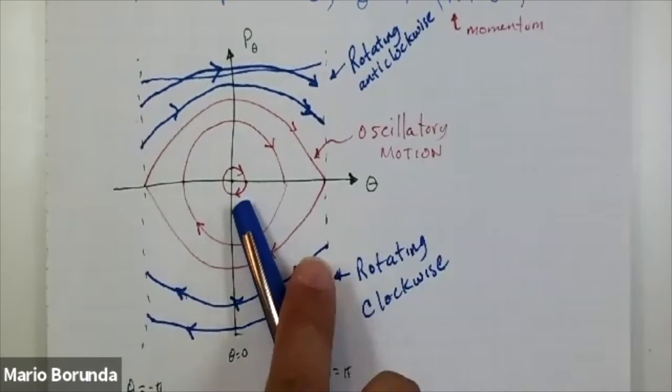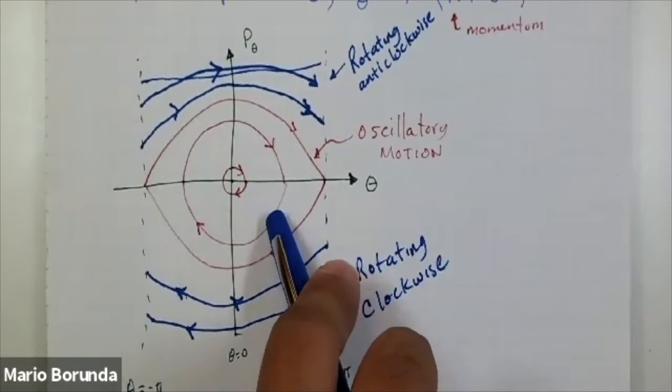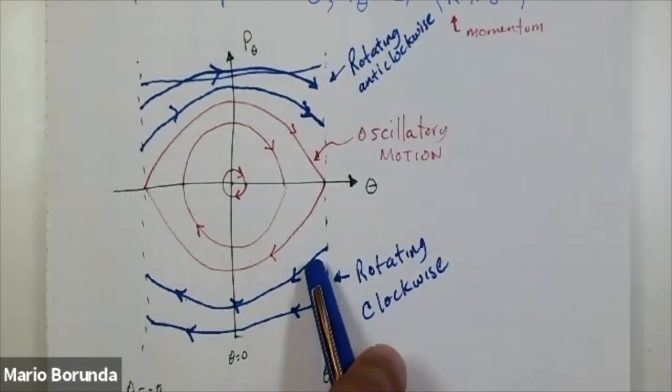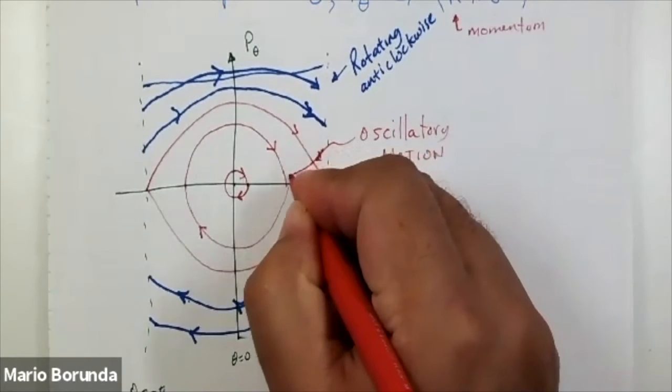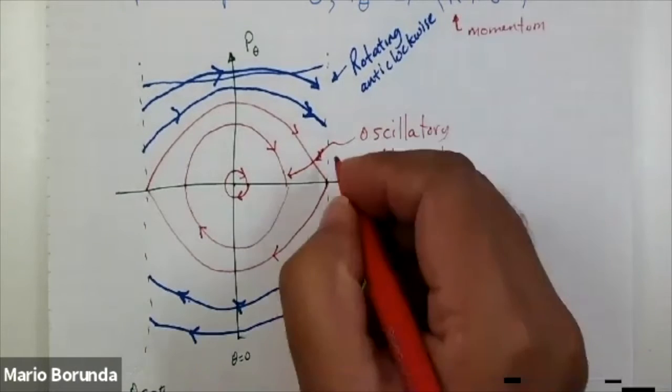So oscillation back and forth, swinging all the way around, and starting it upright. So yeah, maybe I should do this. Oscillatory motion, it's all the way over here.